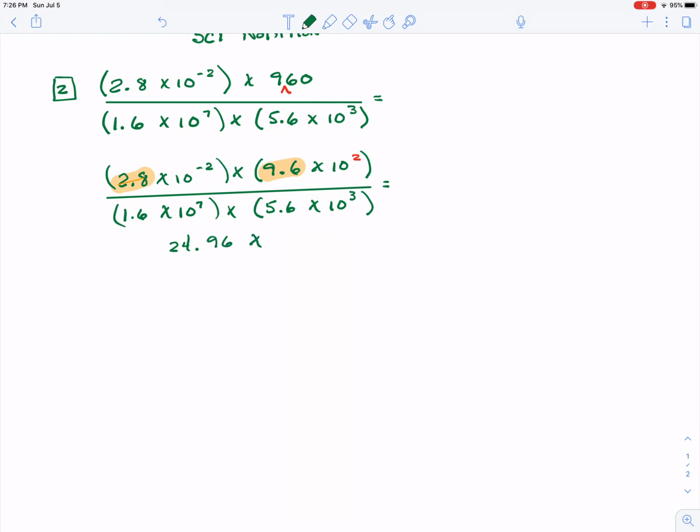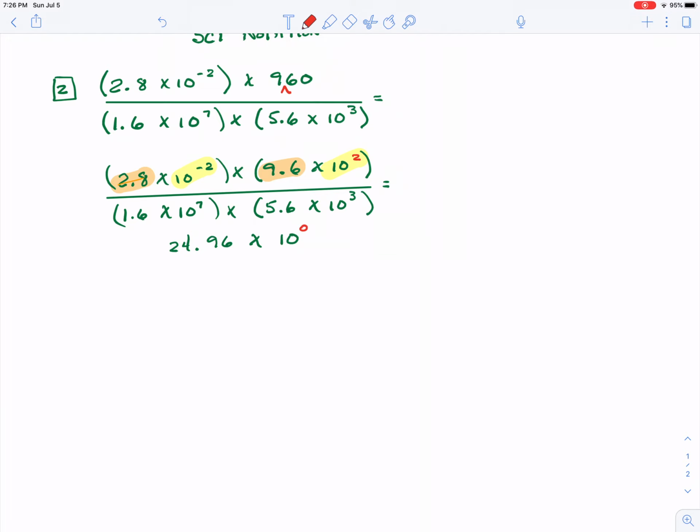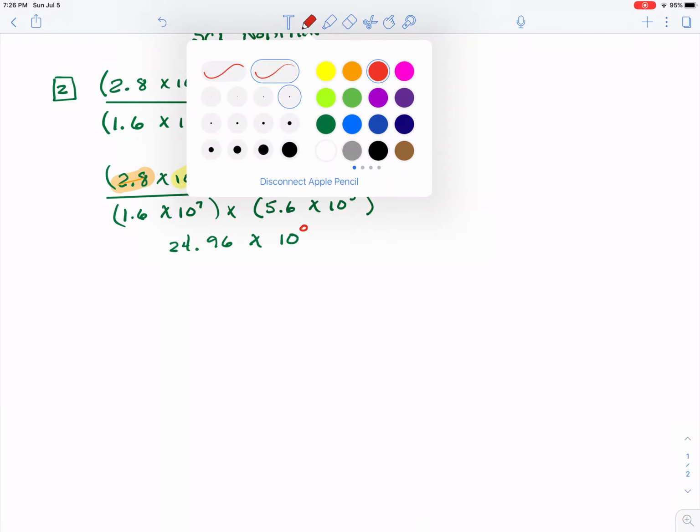And then I'm going to go ahead and work on this base 10. So base 10 to the negative 2 multiplied by base 10 to the positive 2 gives me base 10 to the 0 power, which remember, 10 to the 0 power is equivalent to 1.